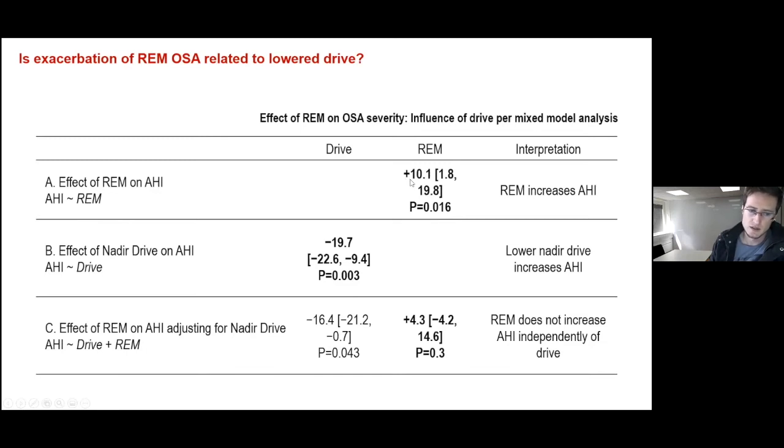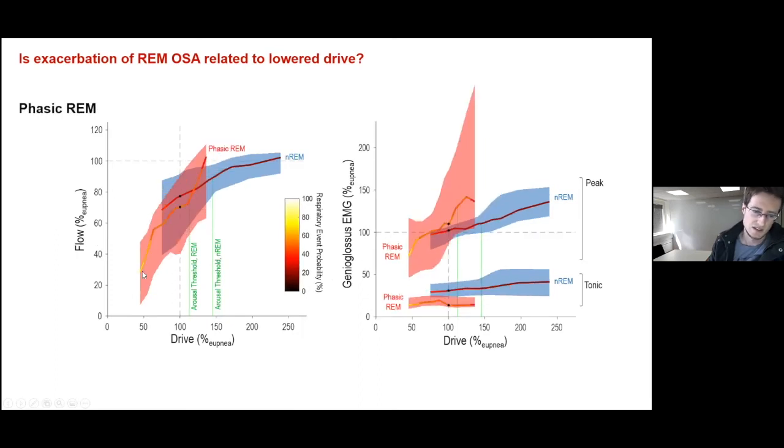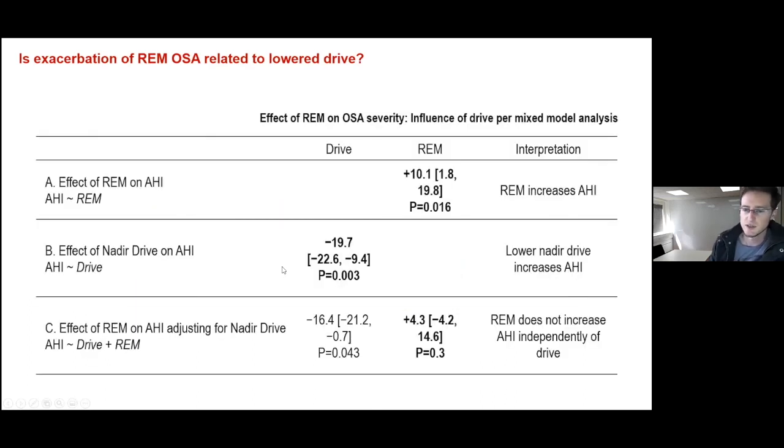And then we asked, could the nadir drive for each person, where nadir drive is actually just the first decile value, we don't like to take an exact nadir, that first decile value of drive is much lower in REM. So we made a model and said, is nadir drive related to AHI regardless of non-REM or REM? And it is. As drive gets lower, AHI goes up.